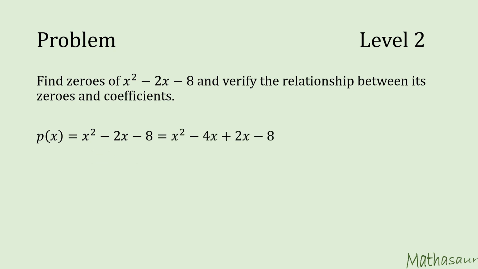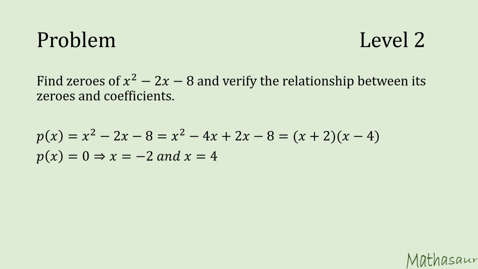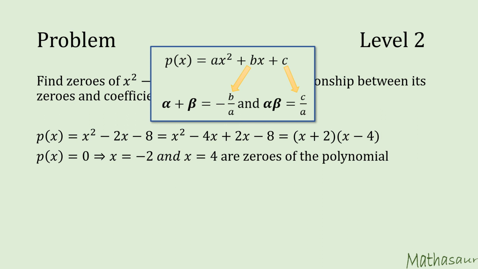Now let us split the middle term and simplify. Now in order to find the zeros, we have to put the polynomial equal to 0. So we get minus 2 and 4 as the zeros of the polynomial. Now recall the relationship between zeros and coefficients. Yes.